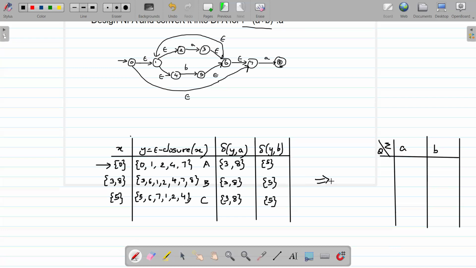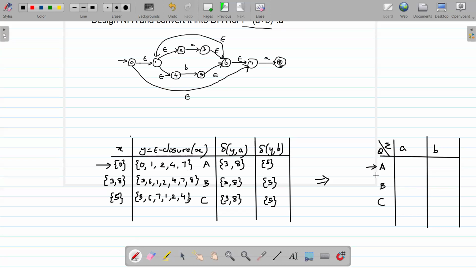This is converting it into DFA. So we have 3 states, A, B, and C. A state is the start state because it is including 0. B and C are the new states that get generated.